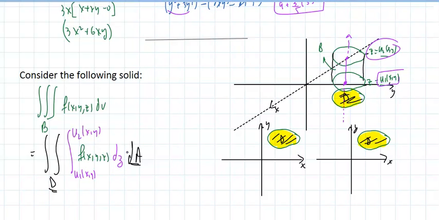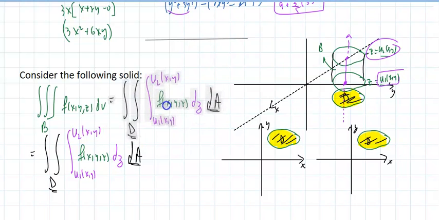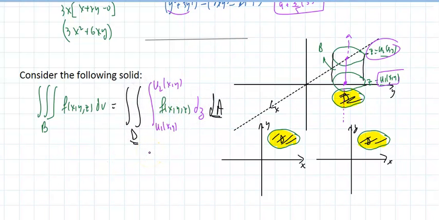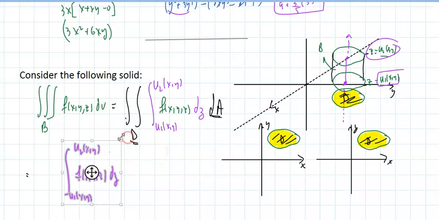And now, if you really think about it, I can do this two different ways. Let me put this up there just so that spacing is maximized. But I could say that that is the integral u1 of xy, u2 of xy, f of x, y, z, dz, right?